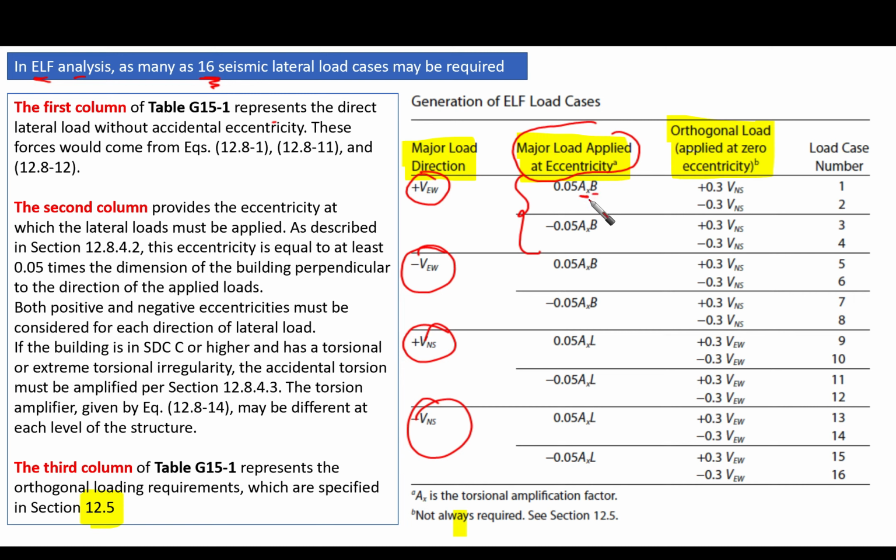This is B. Ax is the torsional amplification factor. And B is the direction that is perpendicular to the loading itself. This is the orthogonal load applied with zero eccentricity, 0.3 minus or positive for all of them. If you count them, you are going to find 16. It is very similar to what we have explained, the plan that I explained a few slides ago.